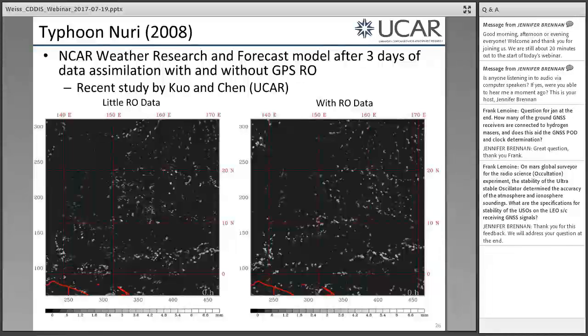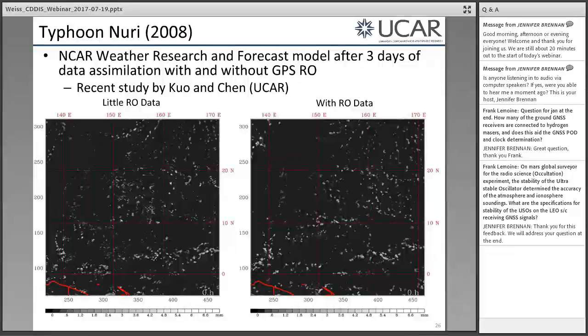So this one, I'll just describe it a little bit, and then I'll ask Jennifer to switch to a movie. Of course, predicting the occurrence, the genesis and the tracks of extreme weather events such as hurricanes and typhoons is very important to people living in many areas.